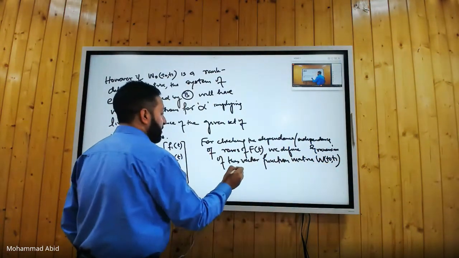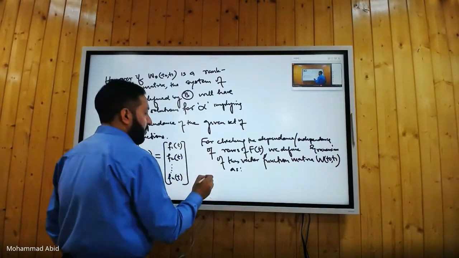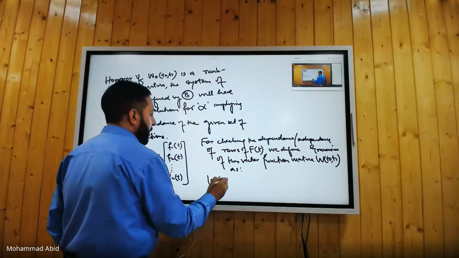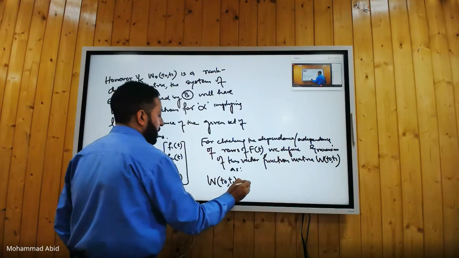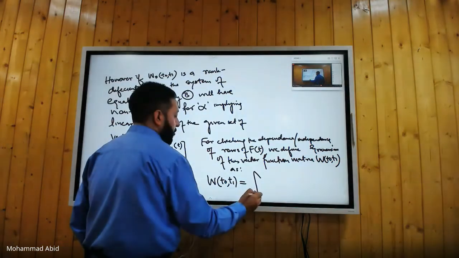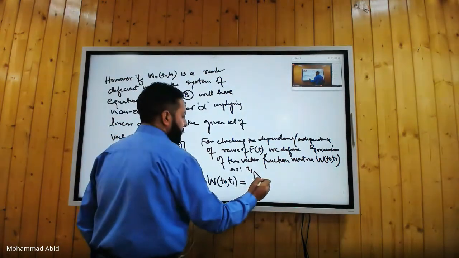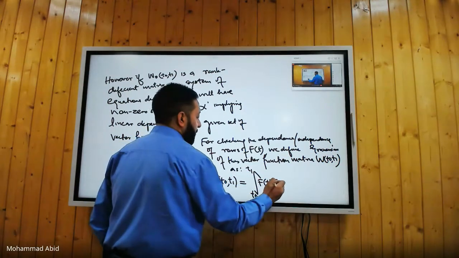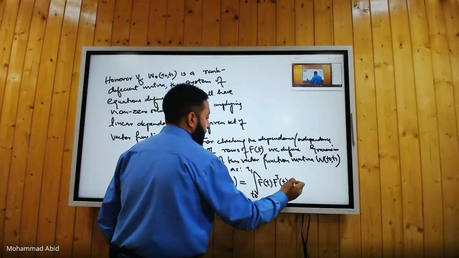If I write it in compact form, W t0 t1 is the integral from t0 to t1 of ft f transpose t dt.